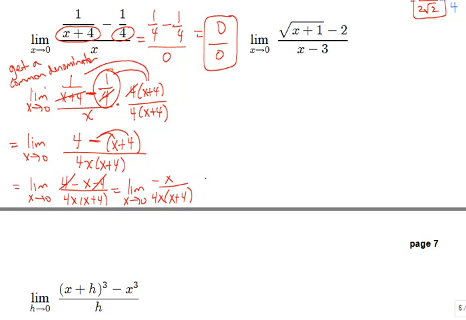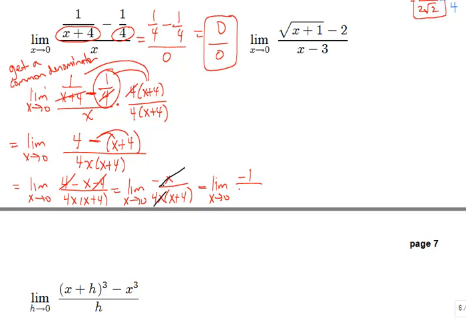Now here's the step that we're looking for. If you're doing these right, in all of these limit problems involving indeterminate forms, you should always get to a point where there's a factor on the top that cancels the factor on the bottom. In this case, it's that x. This x and this x should cancel each other out. And that means we're going to be left with a negative 1 on top.